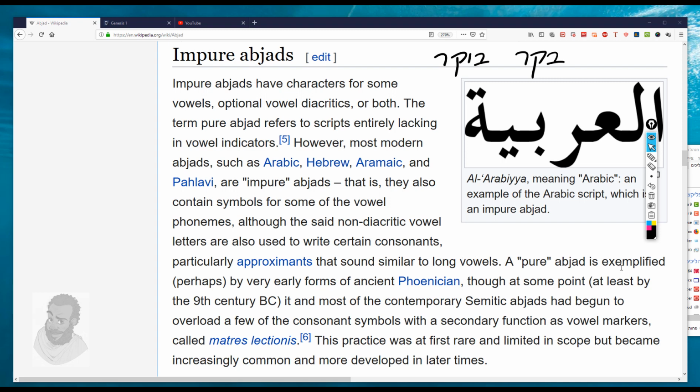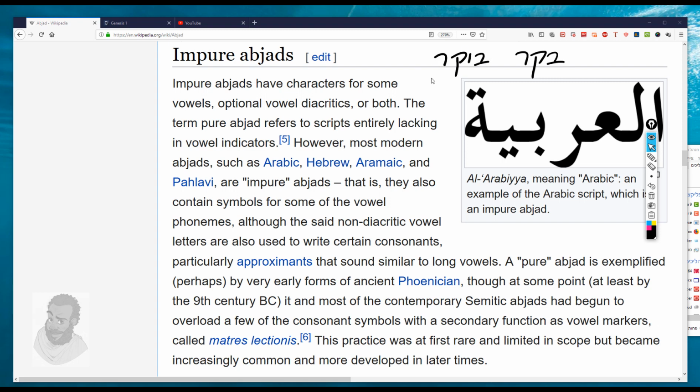A pure abjad is exemplified, perhaps, by very early forms of ancient Phoenician, though at some point, at least by the 9th century BC, it and most of the contemporary Semitic abjads had begun to overload a few of the consonant symbols with a secondary function as vowel markers.